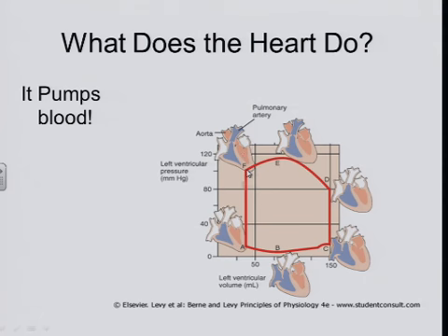So when that happens, your heart is relaxing, because you can see the force relaxing here. And when that pressure exactly equals the pressure in the aorta, that valve shuts again. When that valve shuts again, you get what's known as isovolumic relaxation, because you're at a fairly high pressure up here.